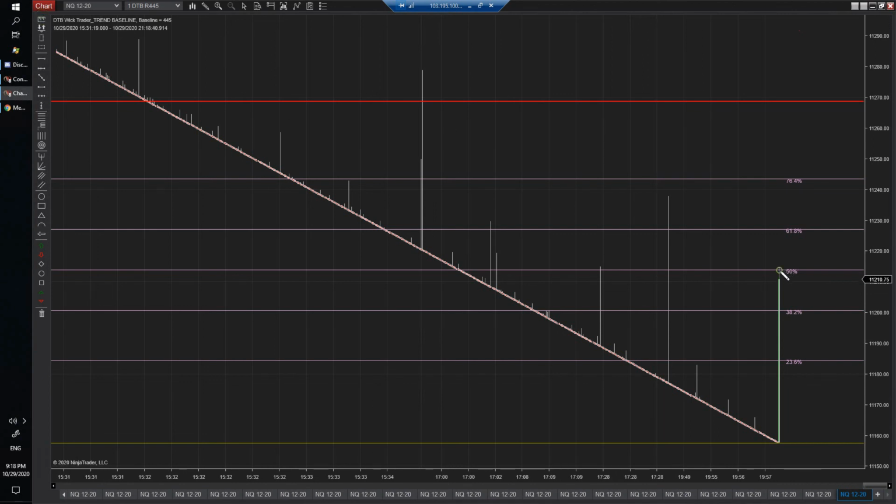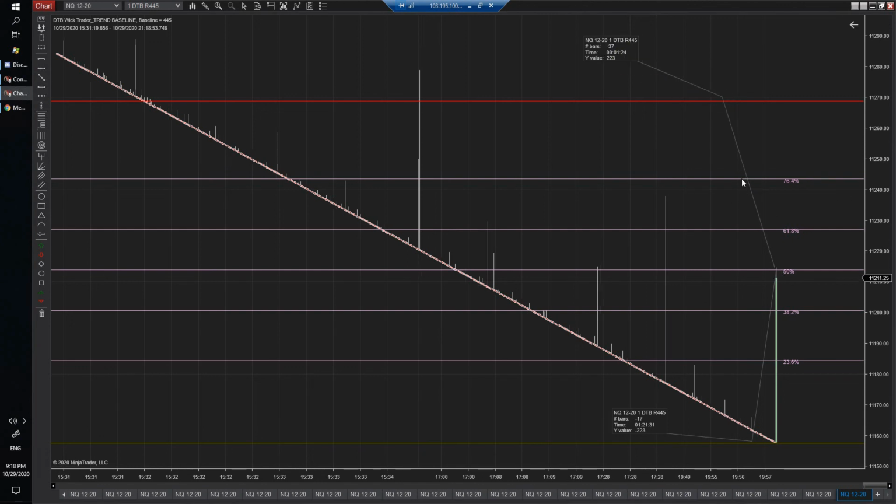So if you had to sell on the 50% mark, you are targeting 223 ticks, and it'll be a very similar amount to have your stop on that level. So that's like a 50-50 risk reward type of a trade there. And based on the history of this baseline, where price is going, if you had entered on any of these wicks, basically they all would have been profitable trading back to the baseline.